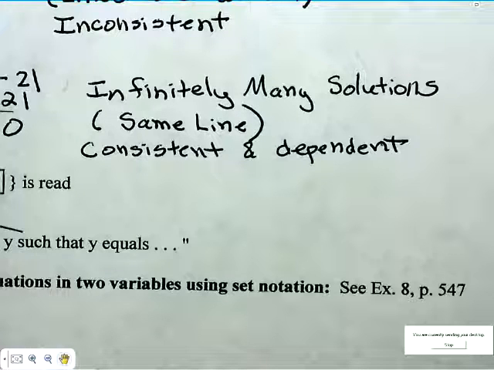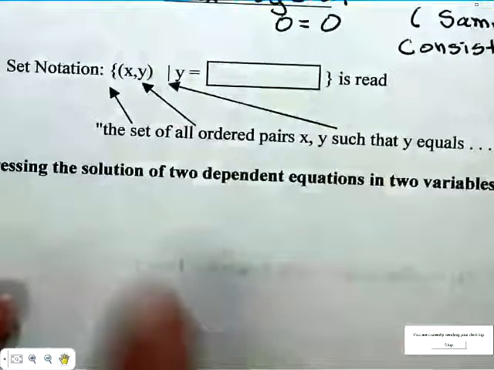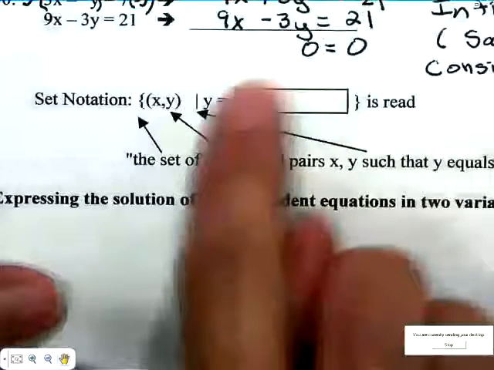If it is inconsistent, there's just a button beside the word inconsistent that you click. But if it is consistent and dependent, there's going to be this box. This is called set notation, and all of it's typed for you except for what goes in the box.